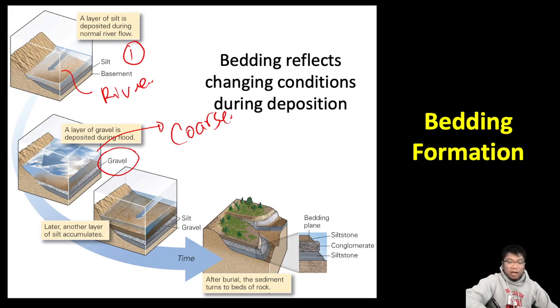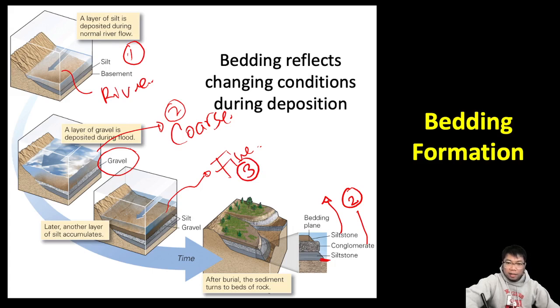After the flood is gone, we could have the normal flow of the river again, bringing fine-grained sediments. Eventually the changing of those conditions could create at least 3 layers of sediments: siltstone at the bottom from time 1, a conglomerate for time 2, and siltstone again at the top for time 3.